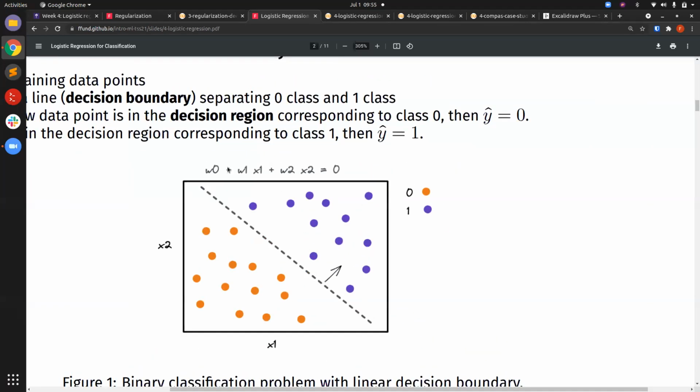So recall that our decision boundary is defined using the equation of a line which is set equal to 0. Now, notice that you can scale this by any constant. So I could use, let's say, kw0 plus kw1x1 plus kw2x2 equals 0. Will it be the same line?